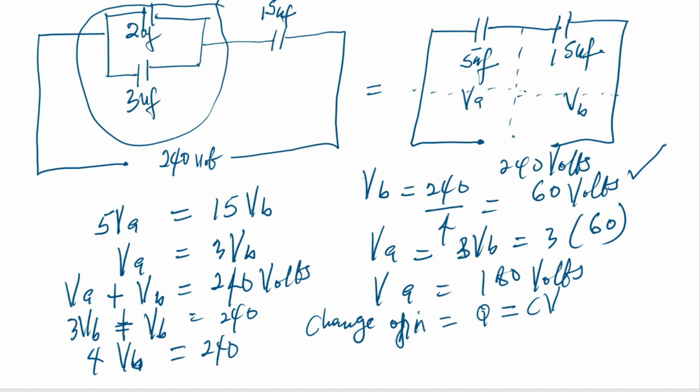So Q on the 15 microfarad will equal 15 times 10 raised to power minus 6, that's 15 microfarad, times the voltage of 60 volts, which is, from my calculator, 15 times 60, that equals 900 times 10 raised to power minus 6 coulombs.